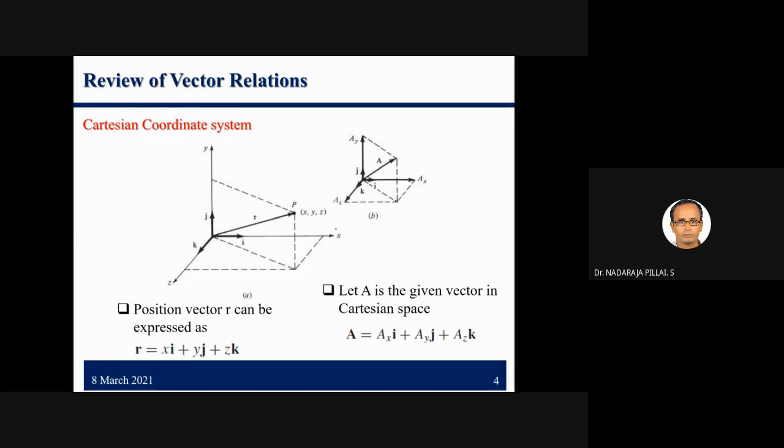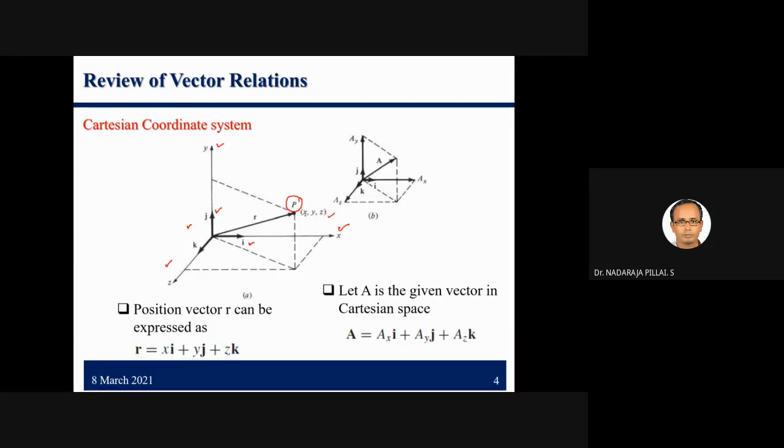We have x, y, and z, three axes which are mutually perpendicular to each other, and the corresponding vectors i, j, and k are the unit vectors in the x, y, and z directions respectively. Now consider any arbitrary point P, which can be represented in x, y, and z.